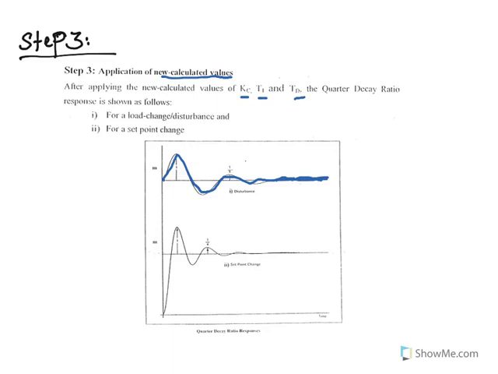Here it is still quarter decay, meaning that P equals A over 4. It's almost the same thing, but we can see the change of the set point and a little disturbance when it reaches the new set point.